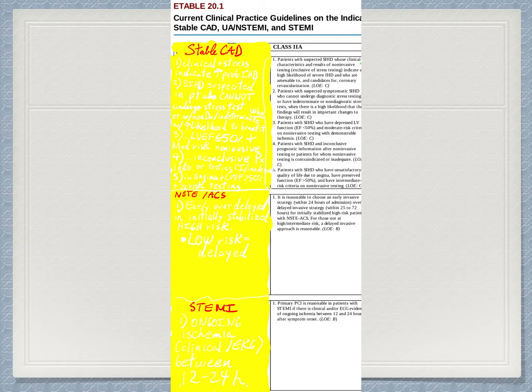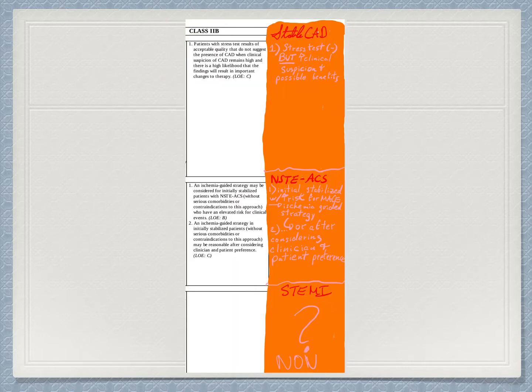If the patient has ongoing ischemia between 12 and 24 hours, take this patient to the cath lab, 2A. Now we're passing to recommendation 2B. This isn't recommended, this isn't suggested. This is may consider. Class 2B is may consider taking this patient to coronary angiography.